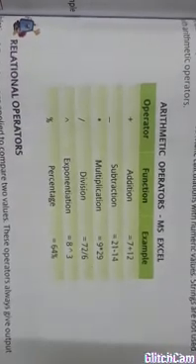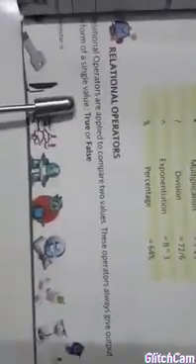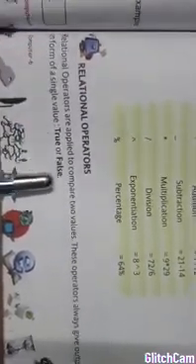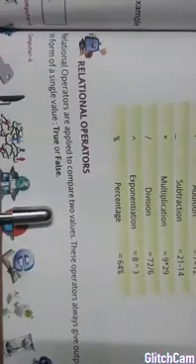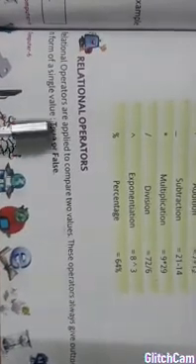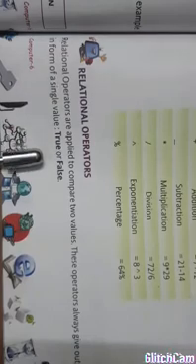Now next one is relational operators. These relational operators are applied to compare two values. These operators always give output in the form of a single value, that is true or false.